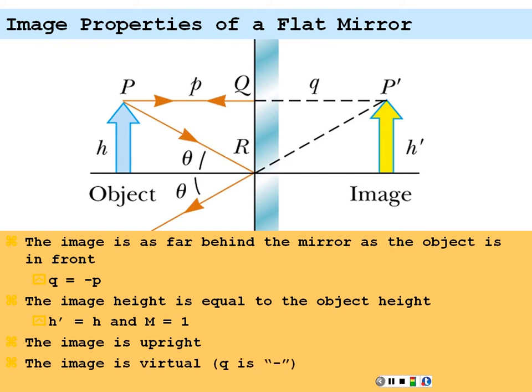Because our image distance is negative, the image is going to be virtual, meaning it's not comprised of real rays. The outgoing rays are not on that side where the image is. So it is a virtual image. And we have this apparent left to right reversal, but not up and down. Up and down it is strictly a true image, but there is a left to right reversal to the side.